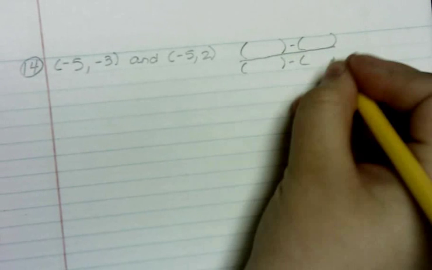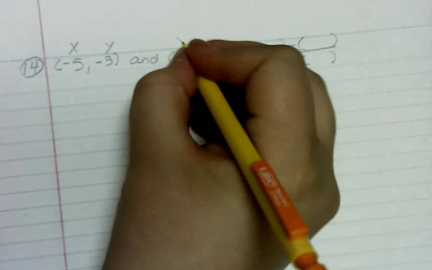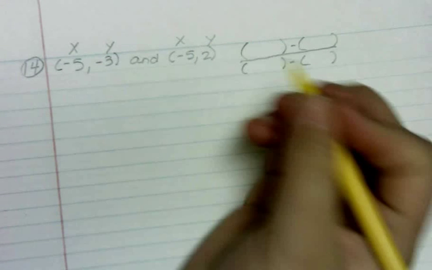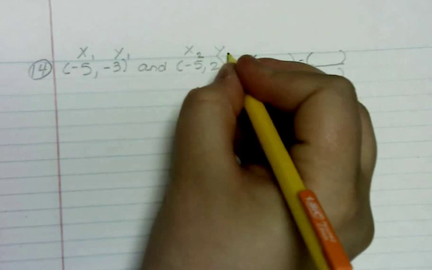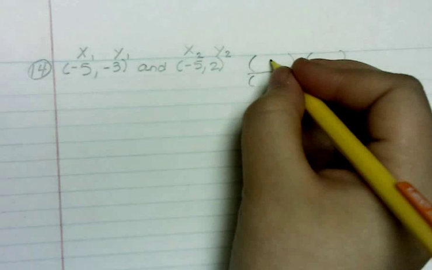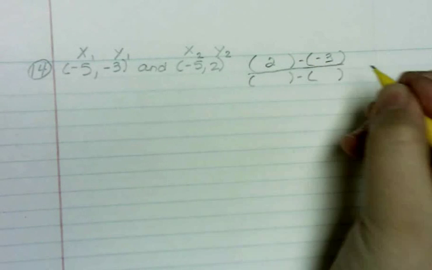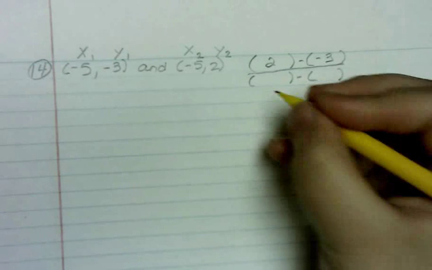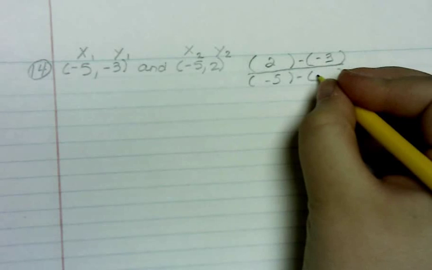And I'm going to identify my x and y values. So this is my first ordered pair, and that's my second ordered pair. So my y2 is 2, my y1 is negative 3, my x2 is negative 5, my x1 is negative 5.